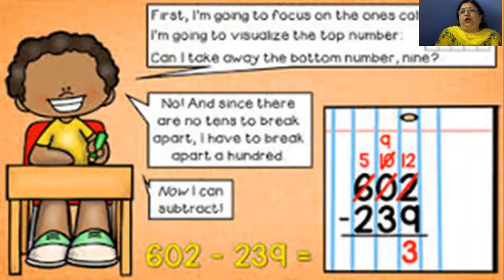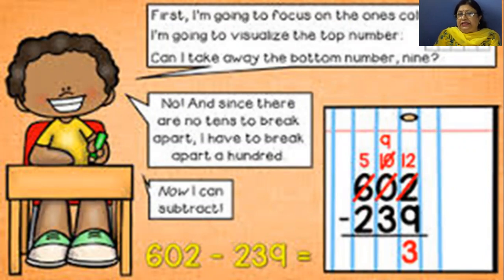First, I'm going to focus on ones column. How do you have to subtract? While subtracting, first you have to focus on ones column. I'm going to visualize the top number. Can I take away bottom number 9 from 2? No, I can't, because 2 is smaller than 9. So what do I have to do?